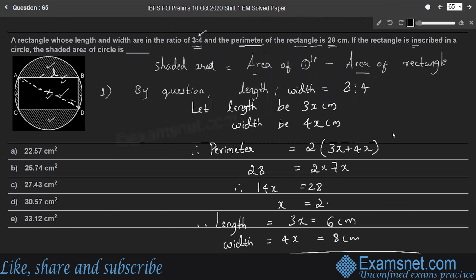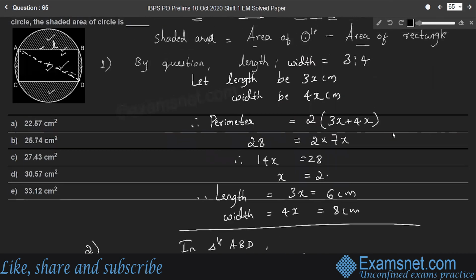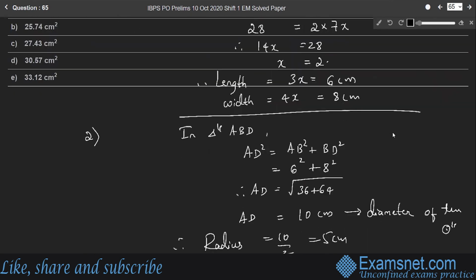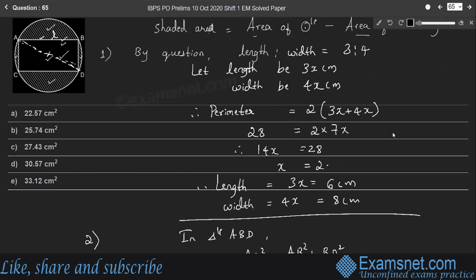Therefore, the area of the shaded part is the area of the circle minus the area of the rectangle. What is the area of the rectangle? It is length into width, 6 into 8.